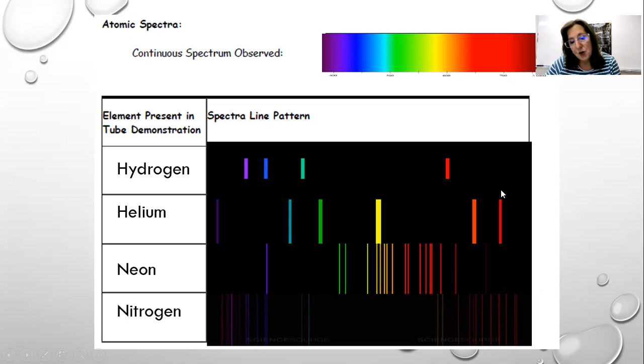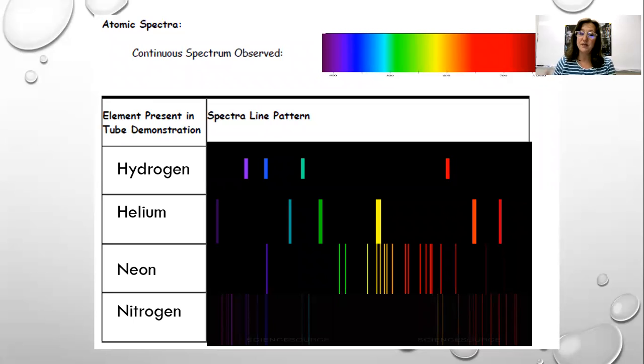The point is you want these patterns, and what we're trying to do here is just respect the fact that each element has its own pattern. So it's not like you have to memorize these patterns. It's not like you have to dive into them very deeply, but you do want to recognize that they each have their own pattern. And if we know what those patterns are, when we're given an unknown, we can pick out what we have. Okay, so again, do your best to record these 4 elements' spectral drawings.